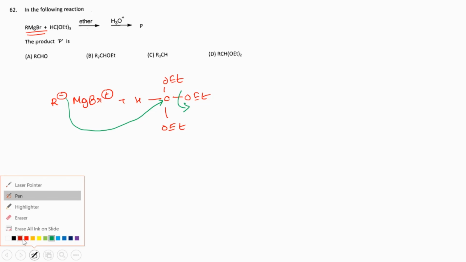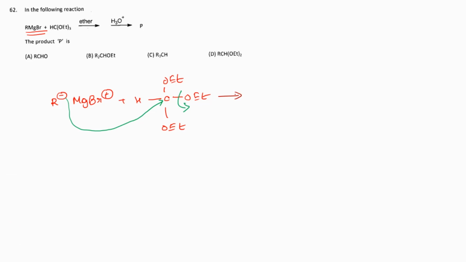So I am left with HC(OEt), there is another OEt over here, and my R. This is happening in my ether medium. Now I am giving H3O plus. What it does is replace OEt with OH, since OEt is a good leaving group.